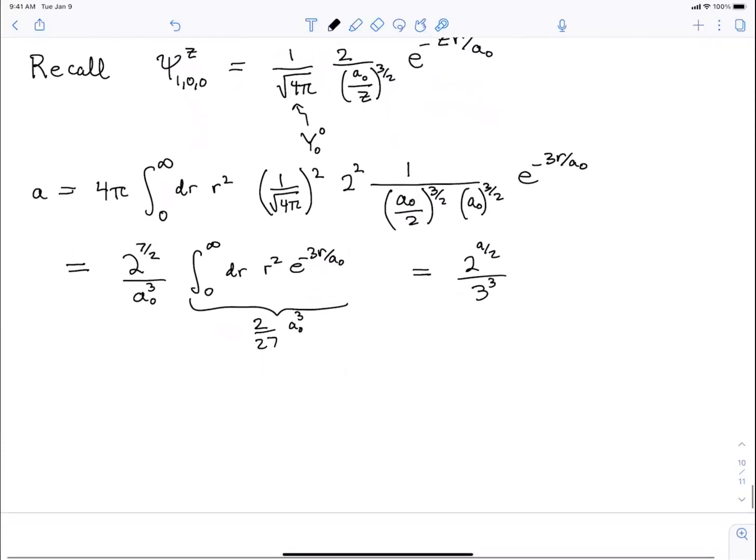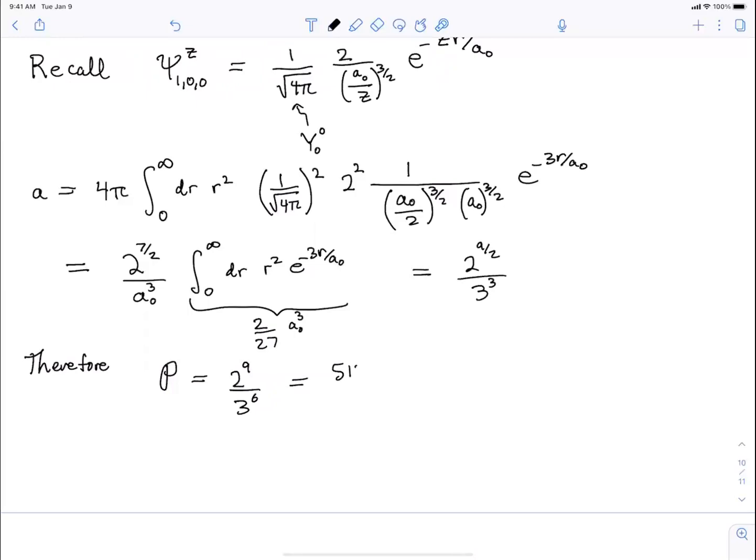So that's the amplitude, and therefore the probability is just the square of that. So that's going to be 2 to the 9th power over 3 to the 6th power, which turns out to be 512 over 729. And as a decimal, that's about 70%.